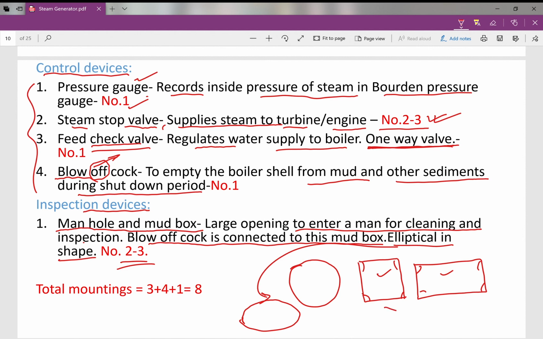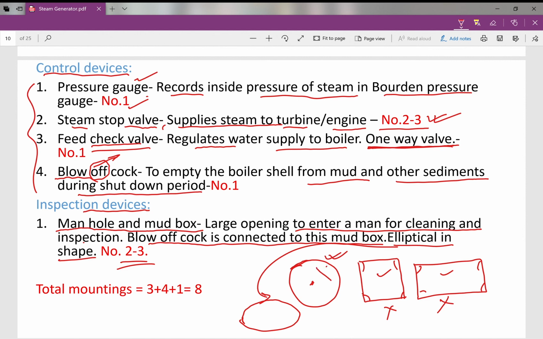Hence, these two options are not correct. Come to the circular shape. Since this hole is provided so that a man can enter inside easily, if you take the body of a human being, it is not circular, it is almost elliptical, right?